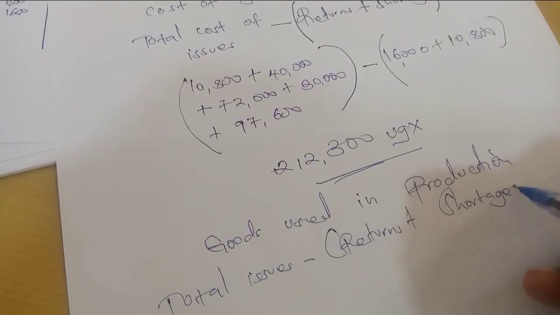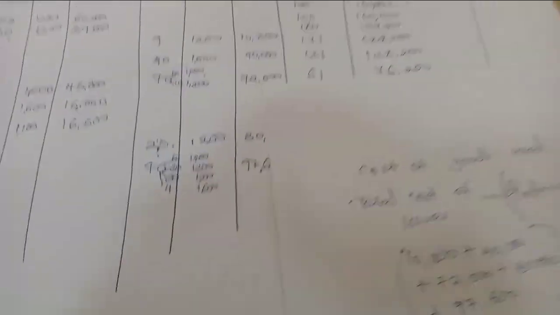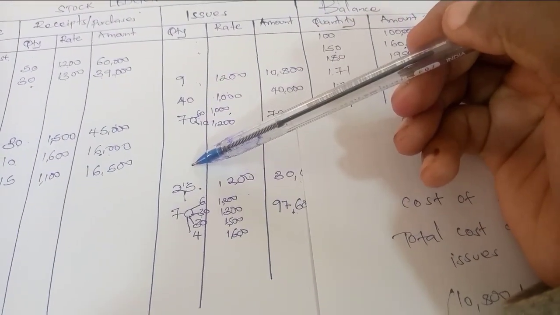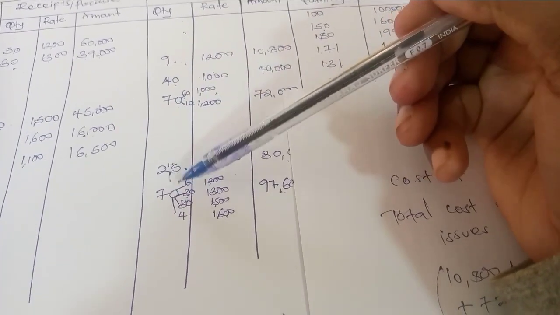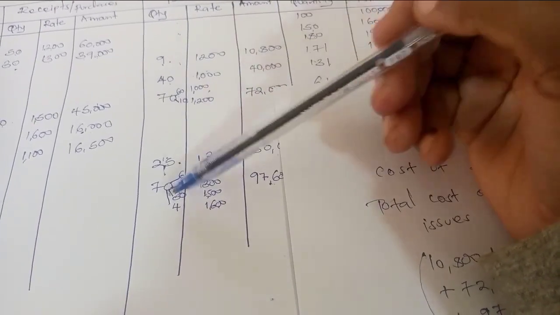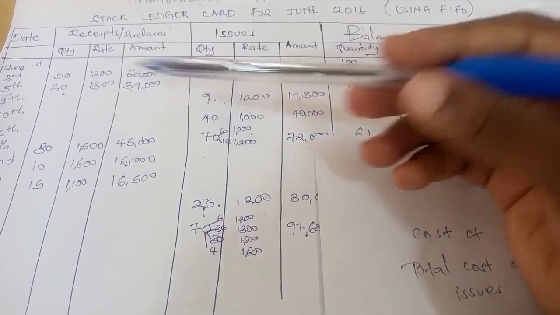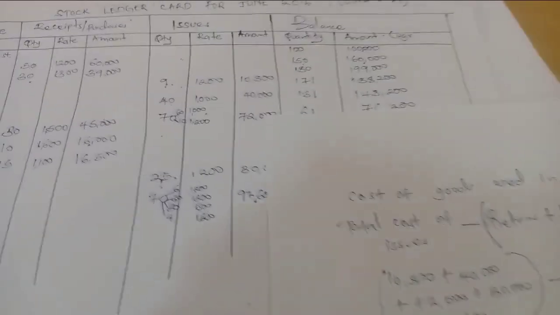So the total issues. So here you only consider this column of quantity, this plus this plus this plus this plus this, then minus this and this. So it would be this plus this plus this plus this plus this.